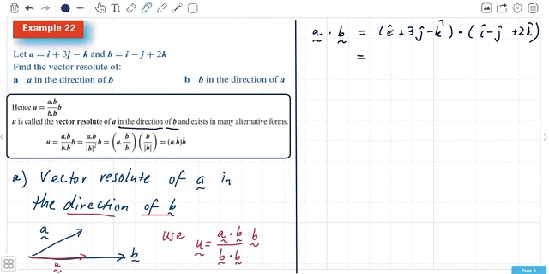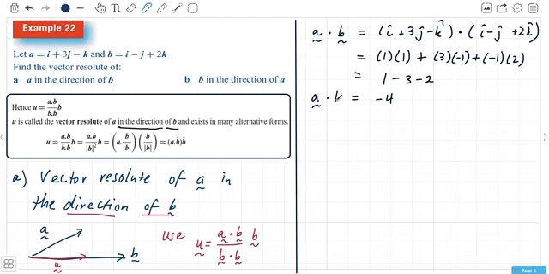Remember that you multiply the coefficients of i together, plus the coefficients of j multiplied together, plus the coefficients of k multiplied together. So we've got 1 minus 3 minus 2. So we've got there minus 4. That's your A dot B.